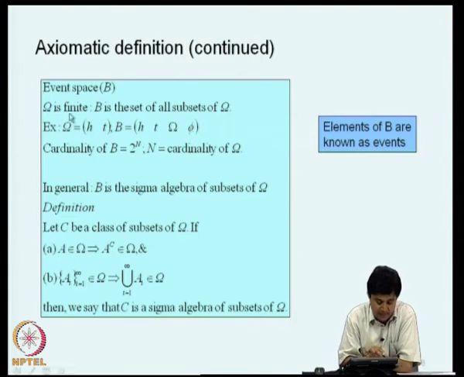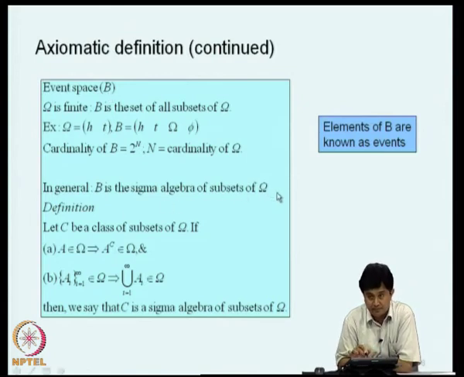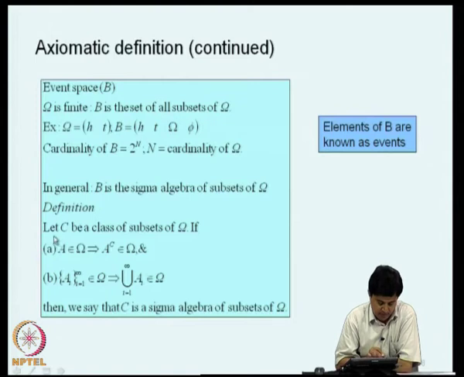If omega is not finite, what we do is we consider the event space to be a sigma algebra of subsets of omega. What is the meaning of sigma algebra? Let C be a class of subsets of omega.